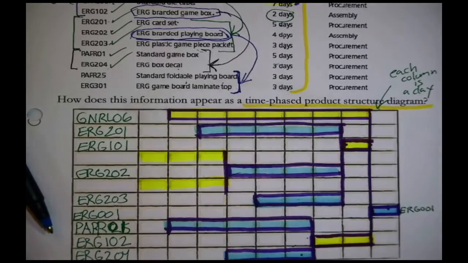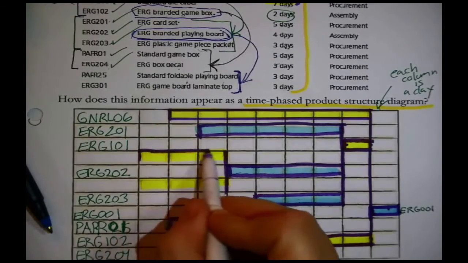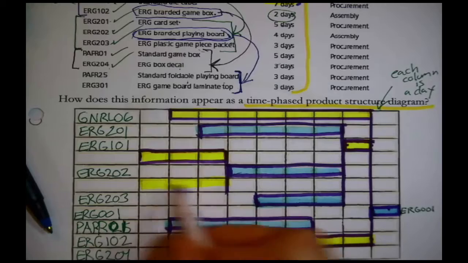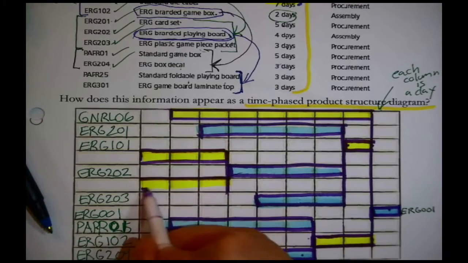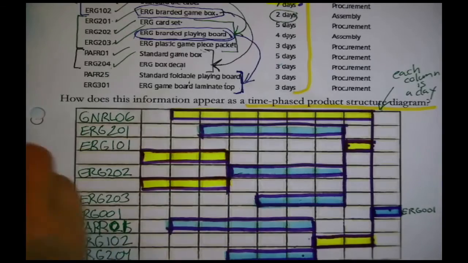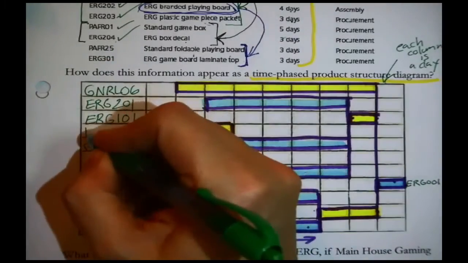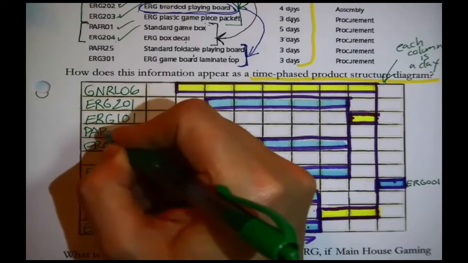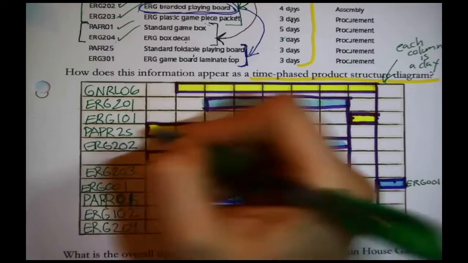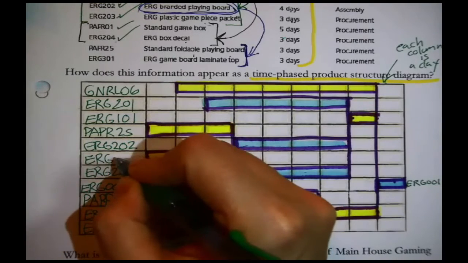You have to back up 3 days from when lead time starts on the branded game board to give yourself enough time to order. That's right, so this one is PAPR25, and then this one is ERG301.